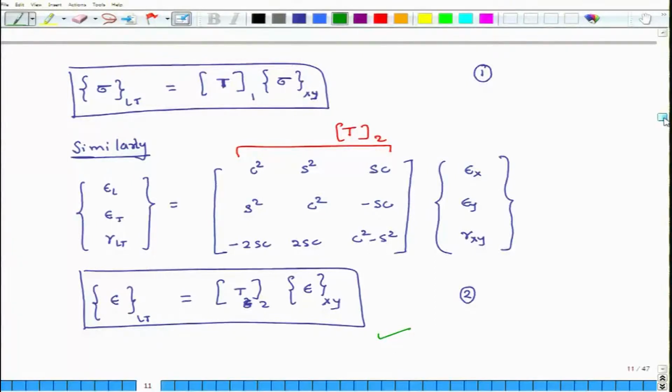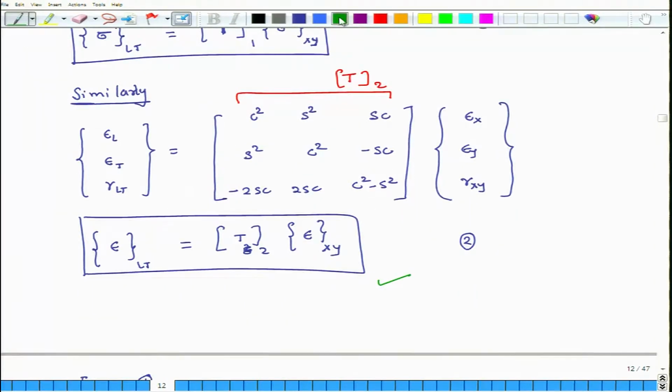What are the elements in the T2 matrix we had shown earlier? If you replace theta by minus theta, this will go from positive to negative, this from negative to positive, this from positive to negative, this from negative to positive. All other things remain the same.